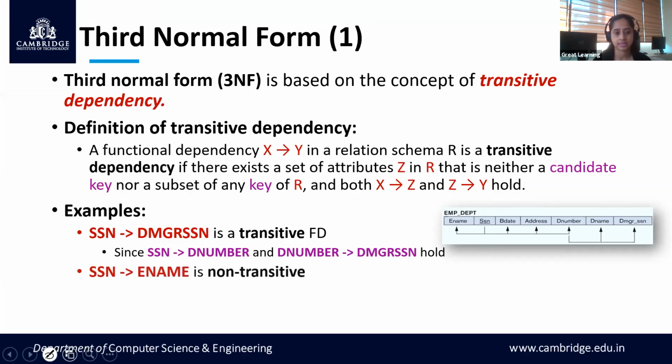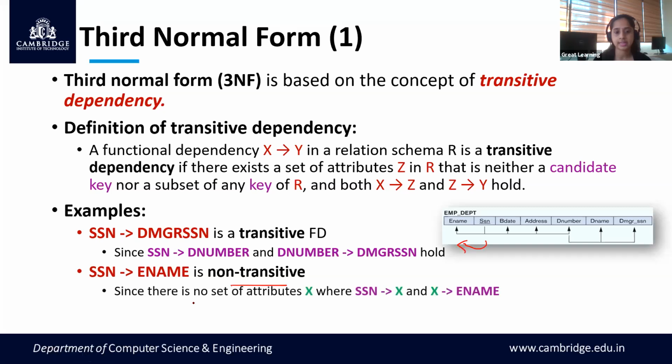Okay, I'll give you one more example. SSN determines ename is not a transitive dependency. Why do you say that? Because between SSN and ename, they are directly derived, not indirectly connected. Since there is no set of attributes X where SSN determines X and X determines ename, we need such an X for a transitive dependency.